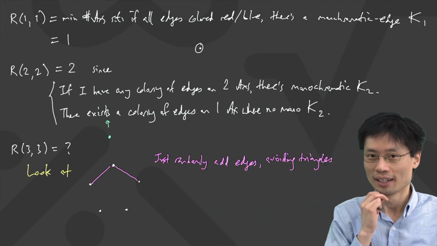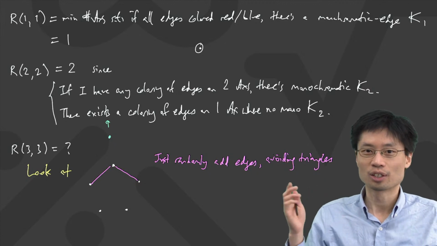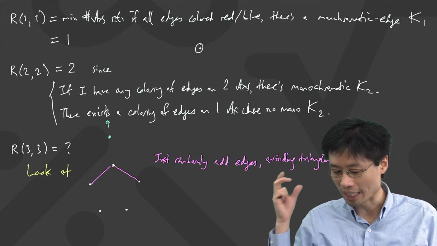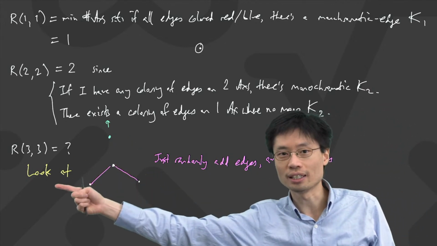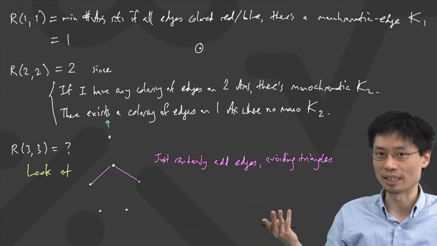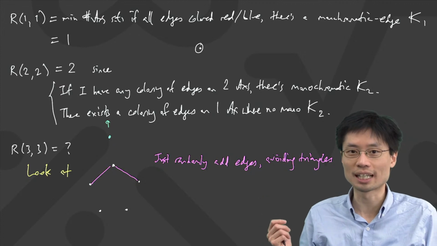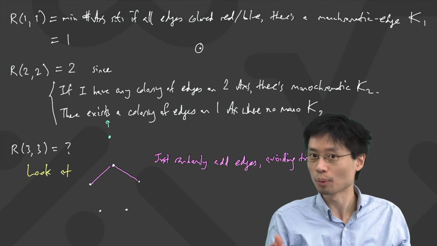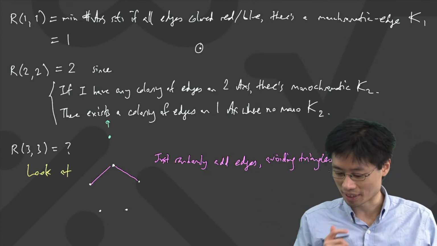The reason he was interested in that is because it's related to R(3,T). Here we're doing R(3,3), but people were interested in that. It's an interesting area of research.